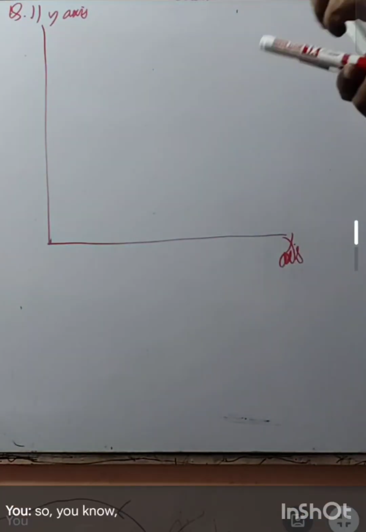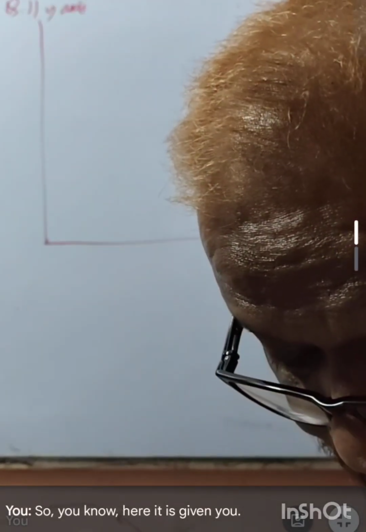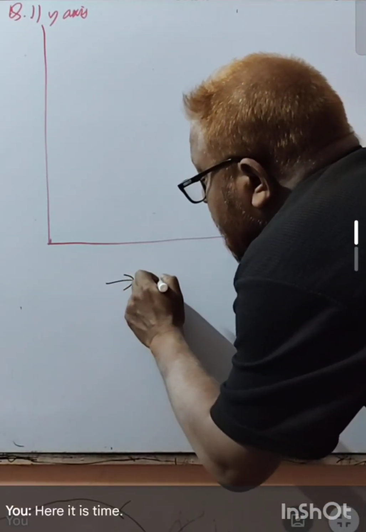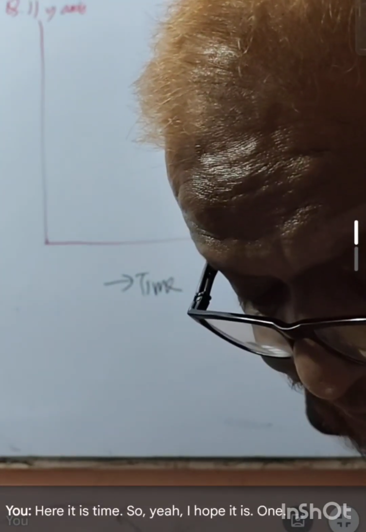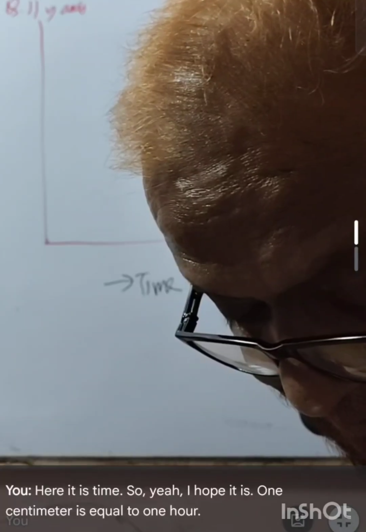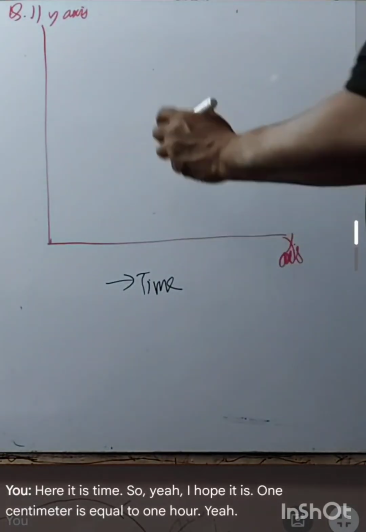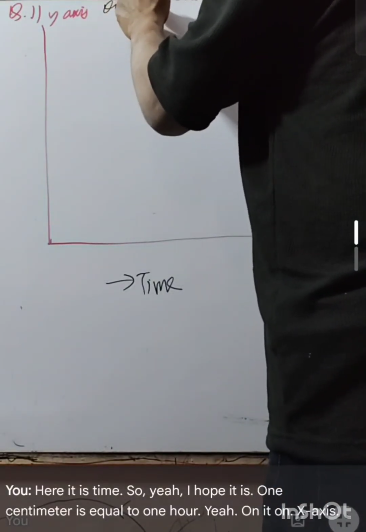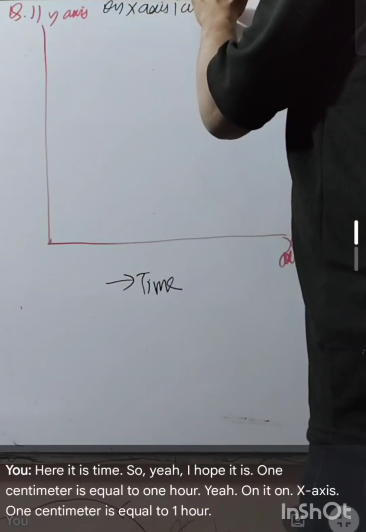So here it is given. Here it is time. I hope on the x-axis, 1 centimeter is equal to 1 hour.